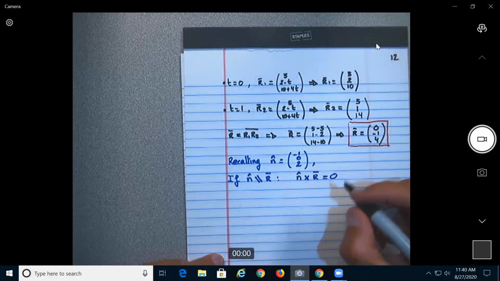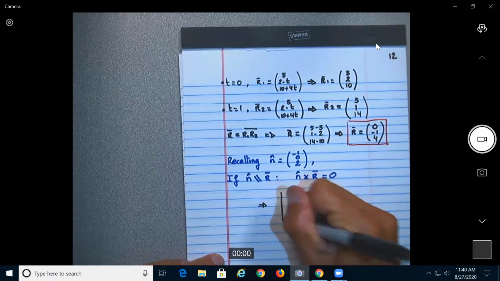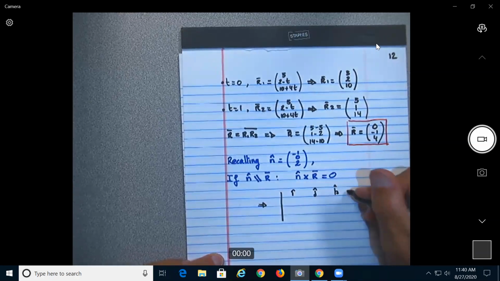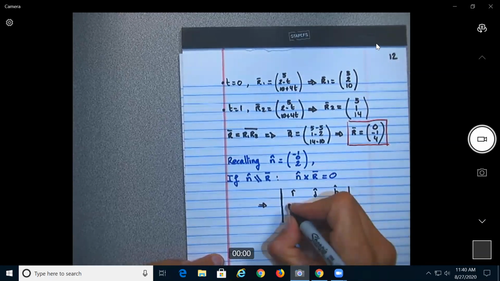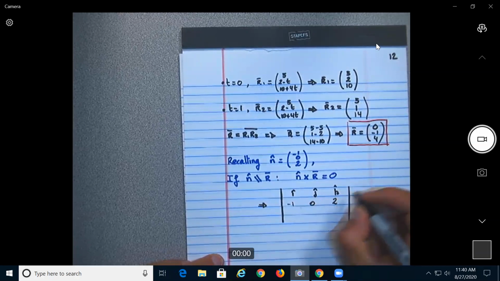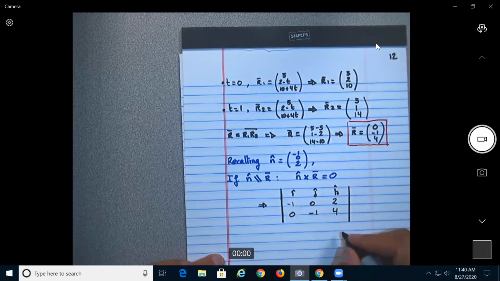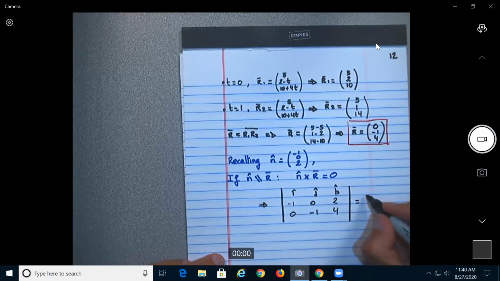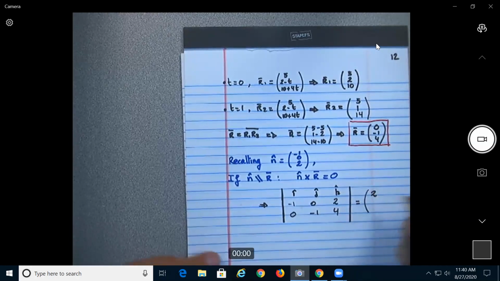So if we do that calculation, we're going to do the cross product. Let's use the matrix i, j, k of n, which is -1, 0, 2, and R, which is 0, -1, and 4. This will give you 0 minus 2, so we already know it's going to be different than 0.